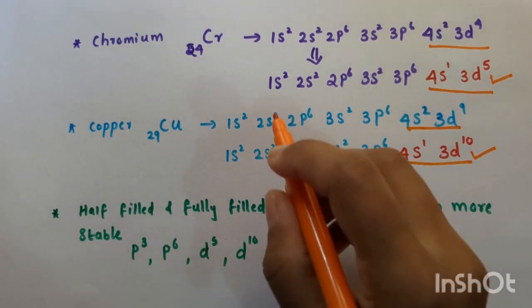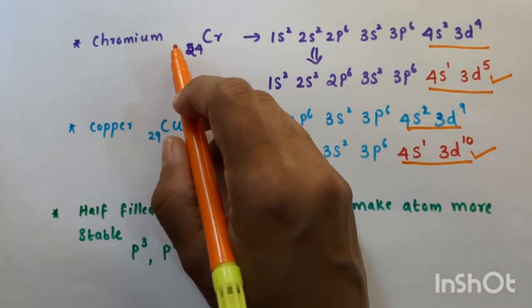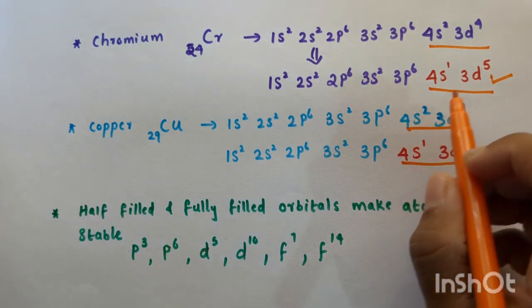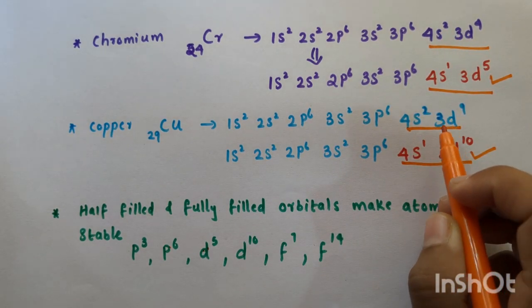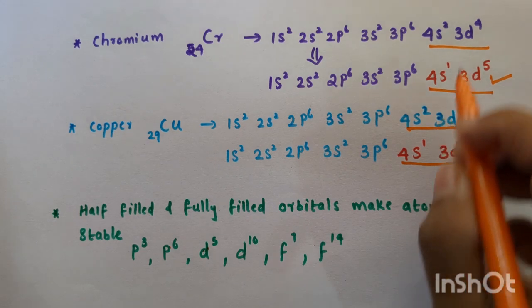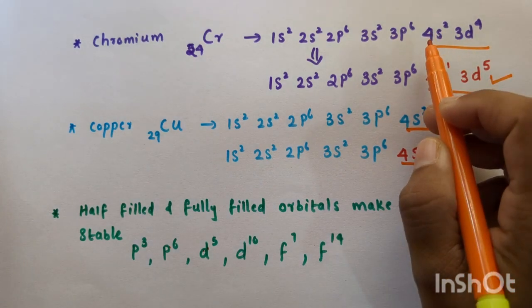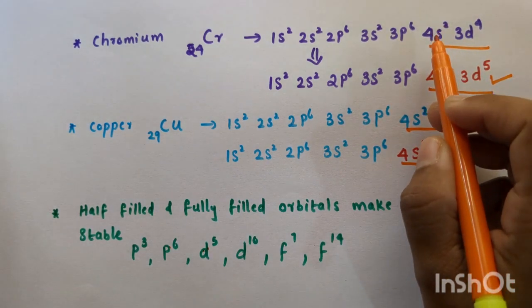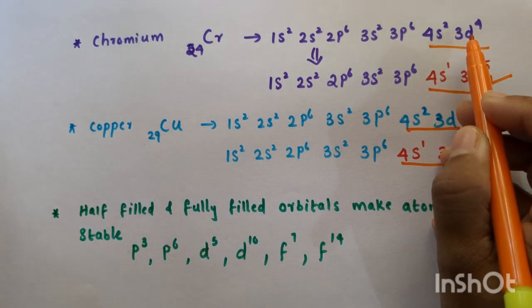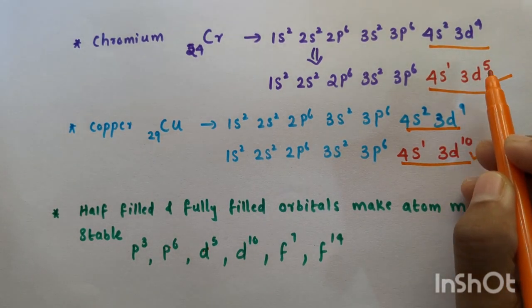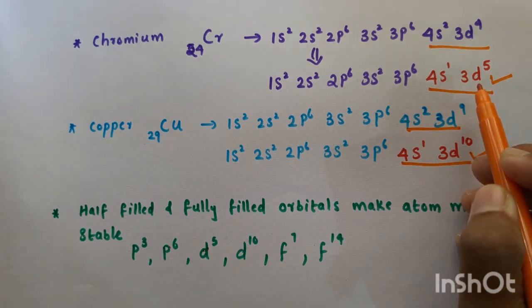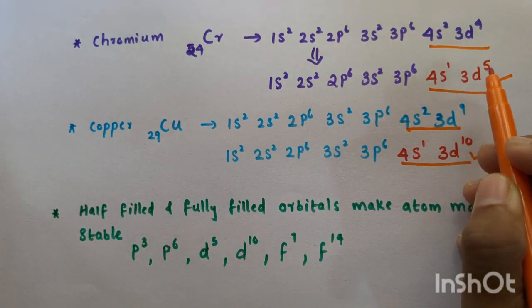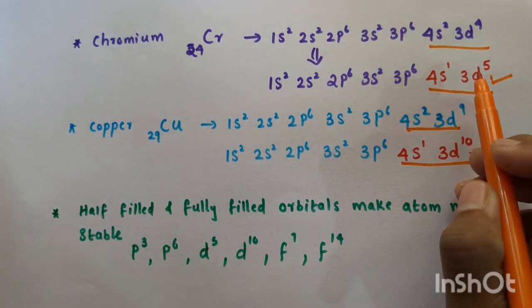That is, in certain elements such as copper and chromium, where the two subshells 4s and 3d differ slightly in their energies, an electron shifts from a subshell of lower energy, 4s, to a subshell of higher energy, 3d, provided such a shift results in all orbitals of the higher energy subshell getting either completely filled or half filled.